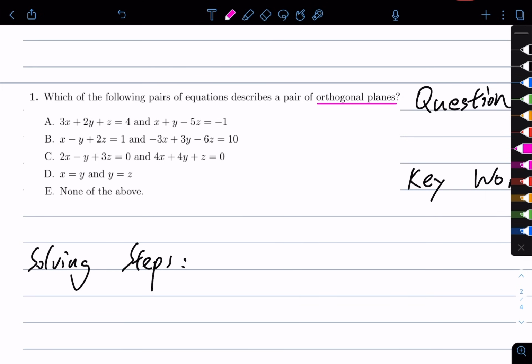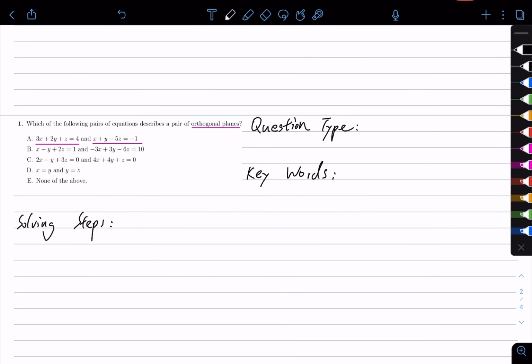Another hint is the answer choices, which are the equations of a plane. So the question type is orthogonal planes, the keywords are orthogonal planes, and then you have the plane equations.